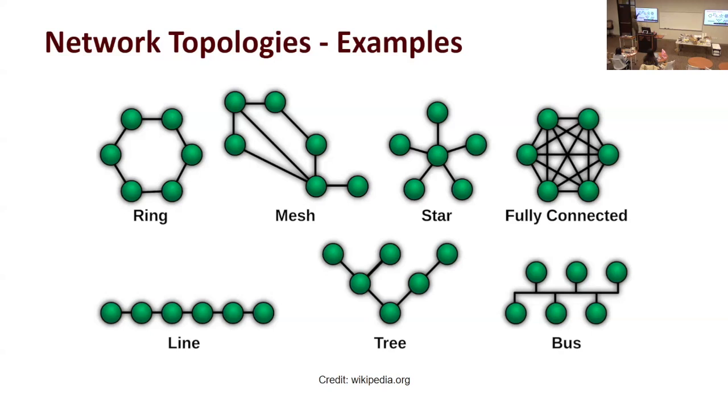Then if you go to ring, when you're working on a relatively big LAN, they are concerned about redundancy. If it's just a line topology for your local area network and there's any disconnection, some other nodes will be cut off from the network.